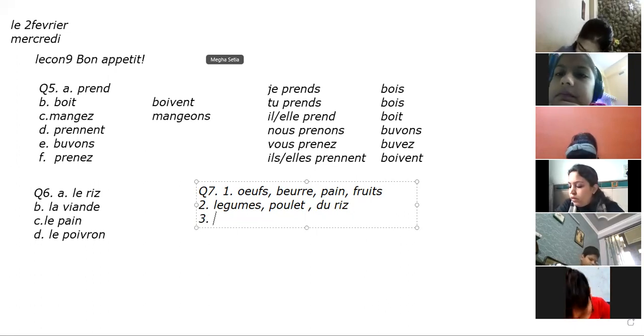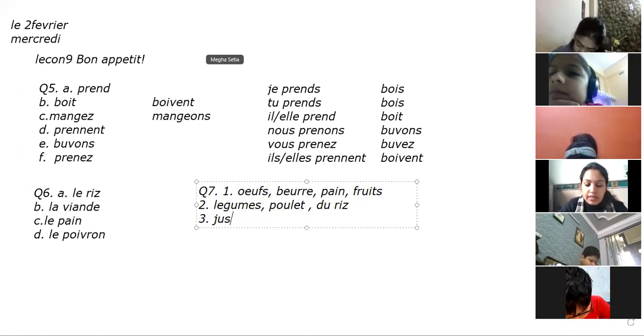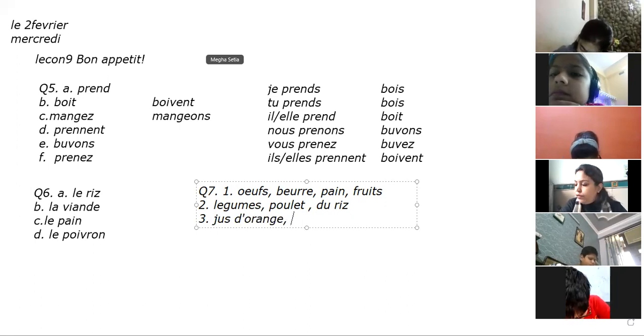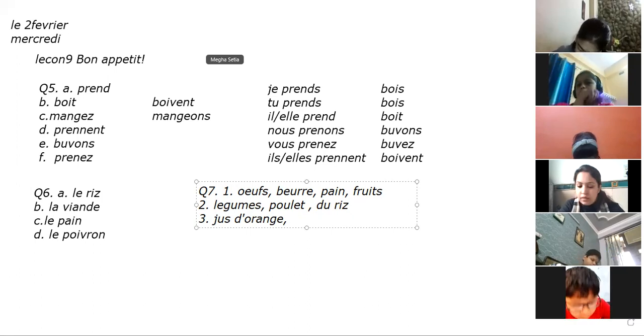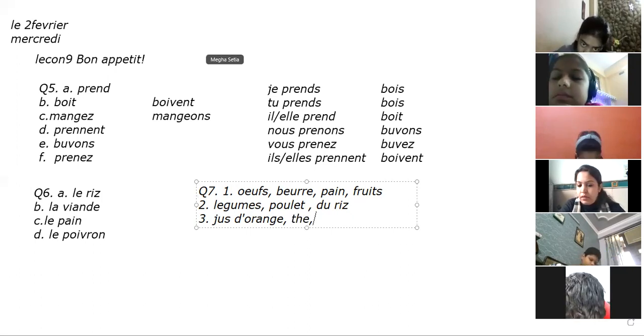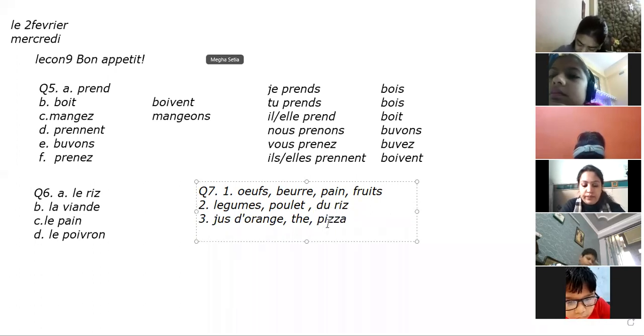Third, au goûter. In the evening snack, you can have jus d'orange. You can have tea, latte, and you can also have pizza in the evening snack.